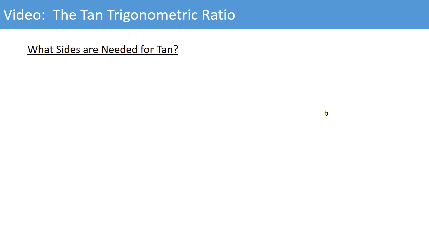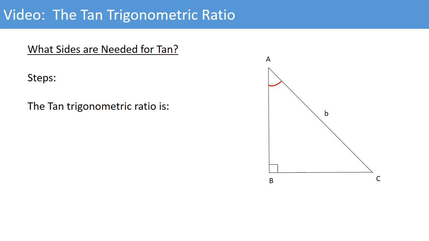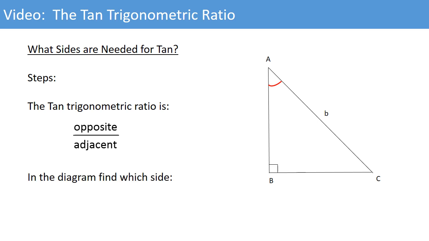What sides are needed for the tan trigonometric ratio? The tan trigonometric ratio is defined as being opposite over adjacent. So if angle A is the reference angle, the opposite side is across from the reference angle.